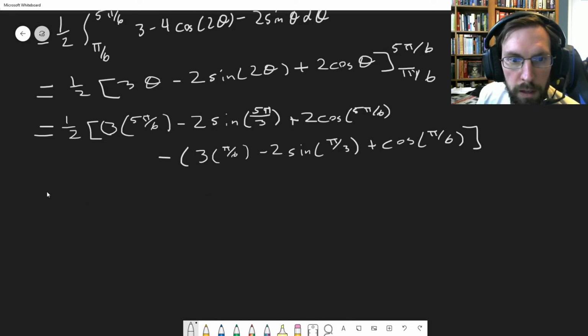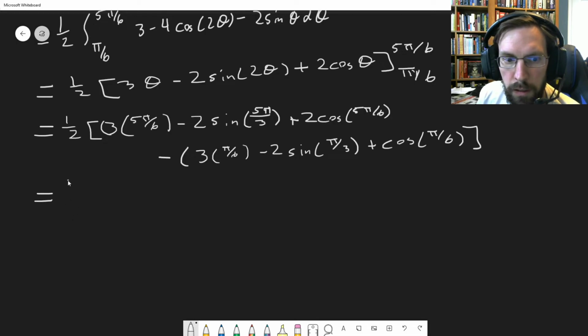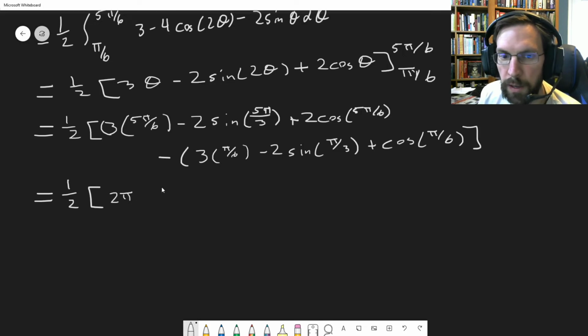We can then plug these in. So this should be 1/2. This is going to be 15 pi over 6. Now we can simplify this. That's pi over 2 minus pi over 2, which should be 2 pi. There we go.